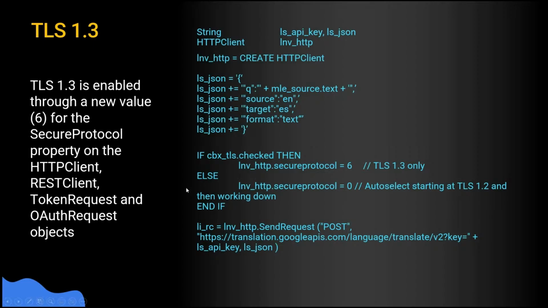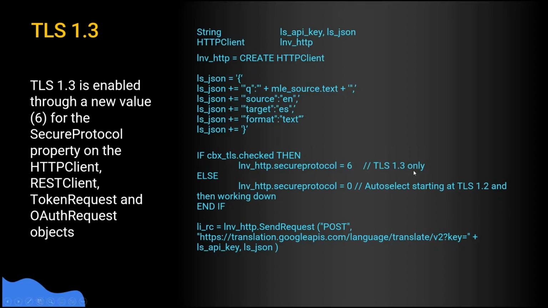It's also on the REST client, the token request, and the OAuth request objects, which currently, or at least prior to this build, took the values 0 through 5. 0 is auto-selecting, where it starts at TLS 1.2 and then works downwards to lesser and lesser protocols until it can actually establish a connection with the server. 1 through 5 indicate that a specific protocol will be used. 5, for instance, is TLS 1.2, and along those lines, 6 means TLS 1.3, but it will only be TLS 1.3.